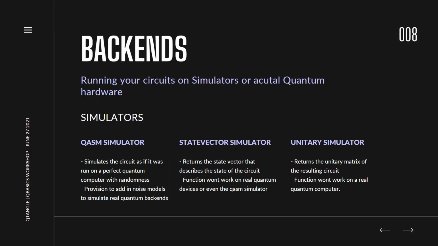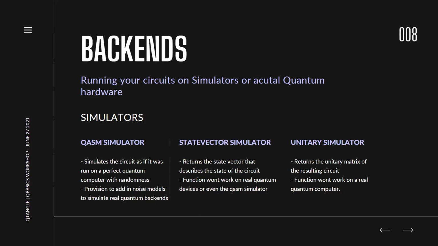You create a mathematical chain of operations which you apply to get the result which you would similarly get out of a quantum backend, right? So that's why you have certain simulators built into Qiskit, which you can use. And also, not every time you can have a quantum computer ready for you, right? So it's convenient to have it on your laptop and you can run it anytime you want.